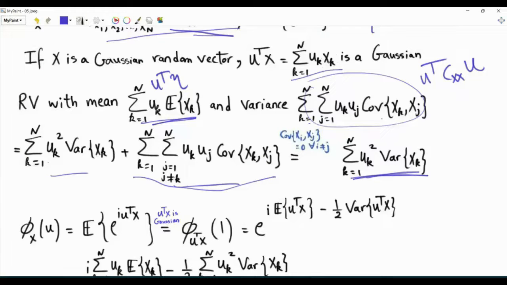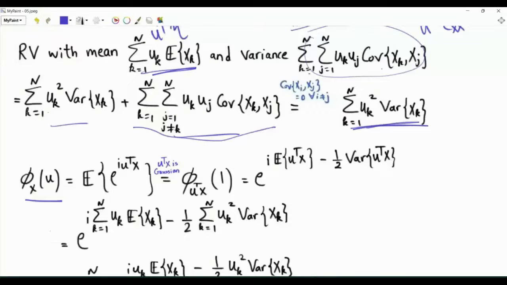The x's are pairwise uncorrelated, so the variance of the sum is the sum of variances. And so you take the variance of uk xk, it will give uk squared and the variance of xk. So here we are exploiting the fact that the x's are pairwise uncorrelated. The idea is that for general random variables, being uncorrelated does not necessarily imply that they are independent, but here we will show that actually uncorrelatedness will lead to independence.